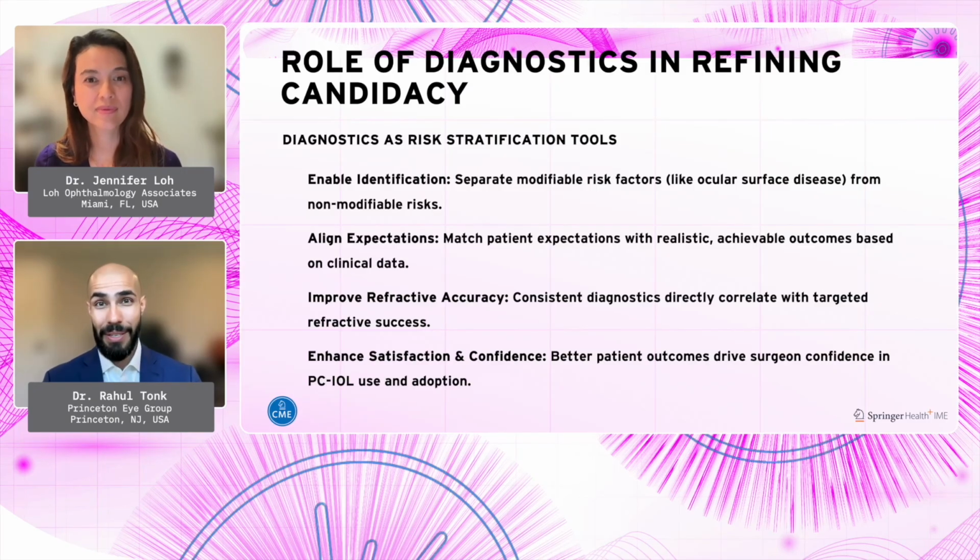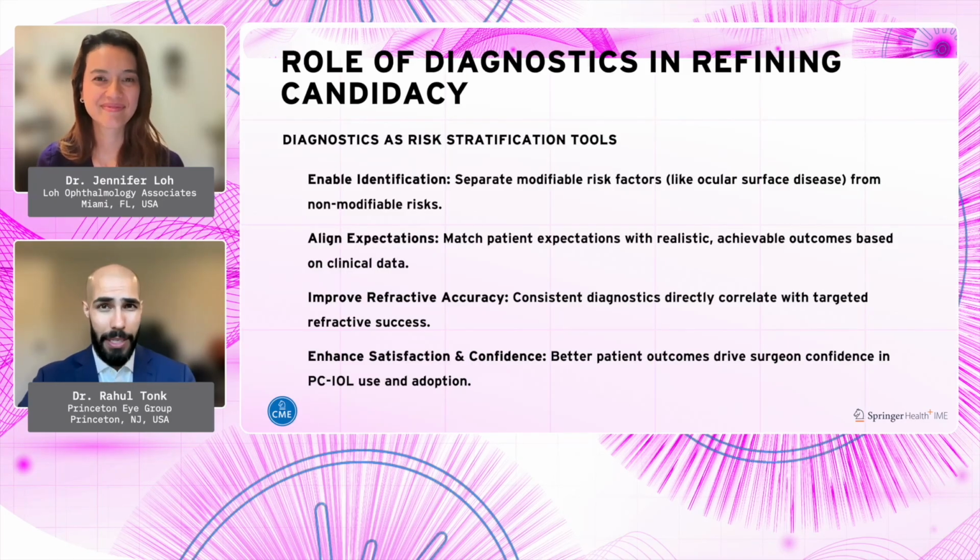Absence of astigmatism may be the result of the lens counteracting a patient's corneal astigmatism, where the surgery reveals astigmatism that the patient wasn't aware that they had. So I think screening topography is really very important, and I put it right up there with a good quality ocular surface examination, as well as a screening OCT of the macula, in terms of hard diagnostics, what I need.